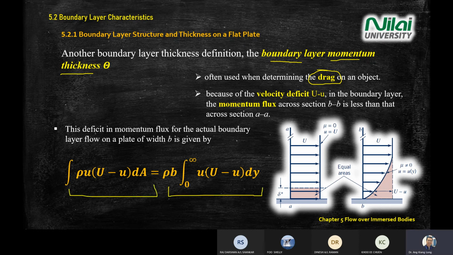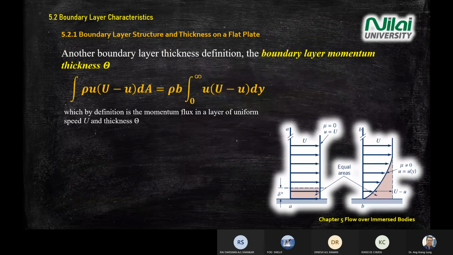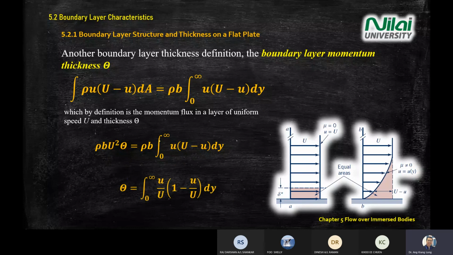You look at the slides later. This is the mathematical model, and this is the momentum flux equation. Then you rearrange the equation, and you will get the momentum thickness equal to this equation.